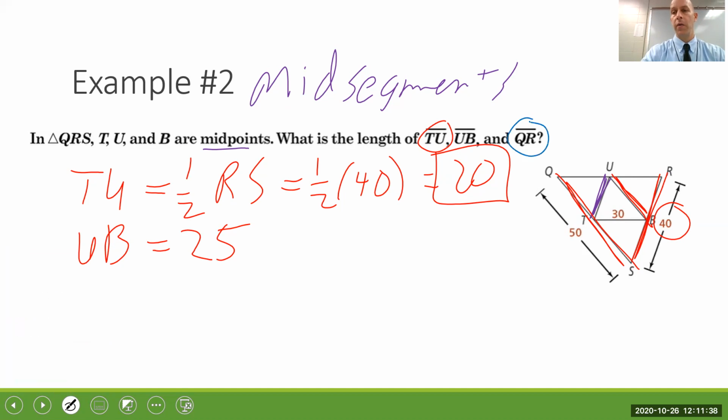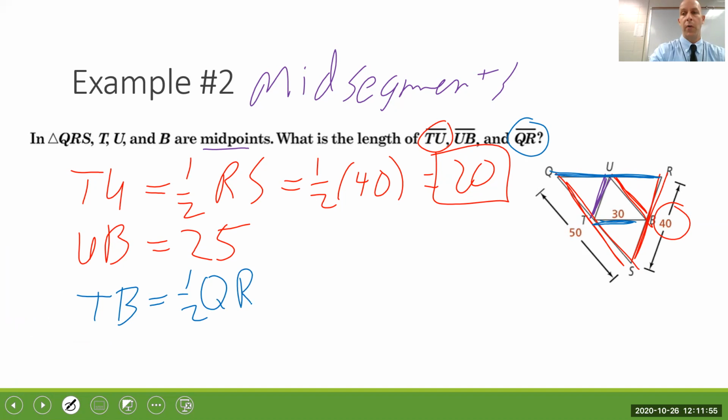We want to find QR. QR is this length here. Now this is interesting. The midsegment here is 30. So I'm going to say that TB is equal to 1/2 of QR. Well, we know that TB is 30, which is equal to 1/2 of QR.